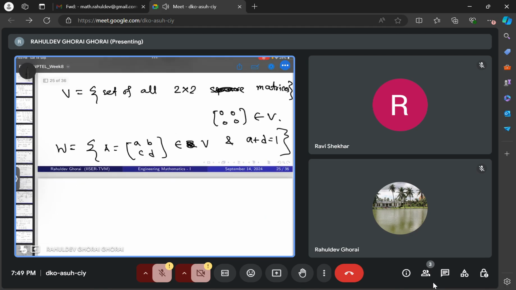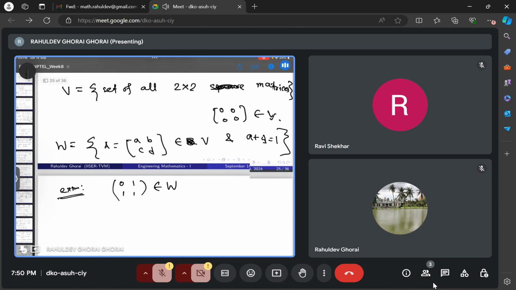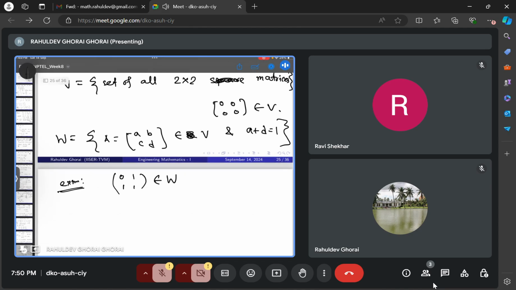I mean, one element of W is [[0, 1], [1, 1]]. That belongs to W. One example, just an example. So can you tell me whether W is a vector subspace of V?